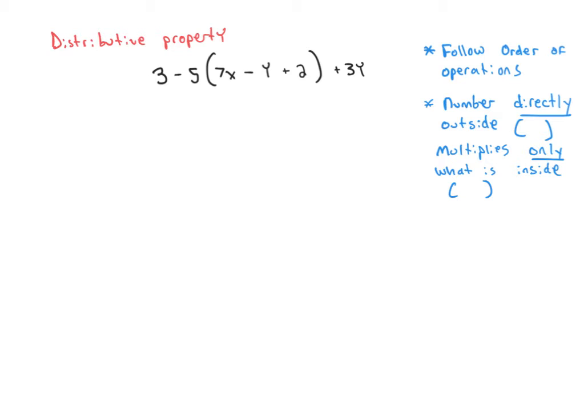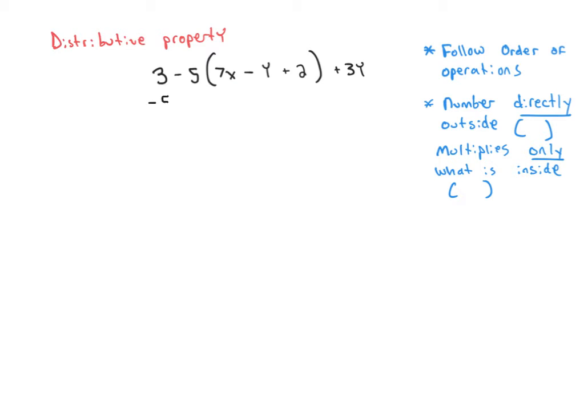So what I'm actually going to do here, just to make sure that I'm not accidentally working with that 3, that's a +3, is I'm just going to rewrite this. I'm going to rewrite it so that that 3 is hanging out and I don't forget about it and I know what to do with it later on.